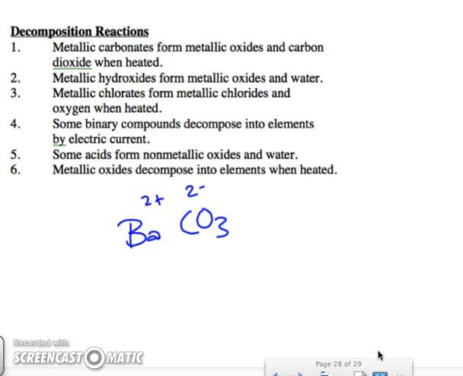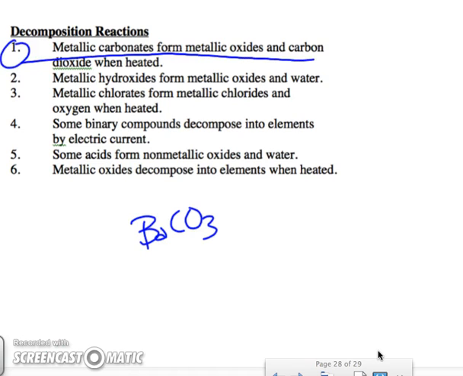A match made in heaven. And where would that fall on our list of rules? I believe we would be dealing with Rule 1. Metallic carbonates form metallic oxides and carbon dioxide when heated.